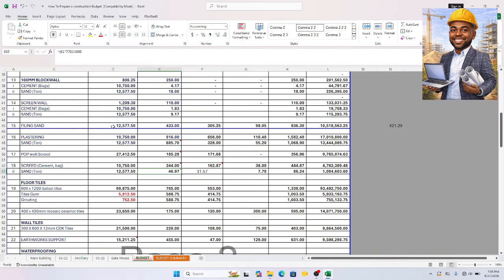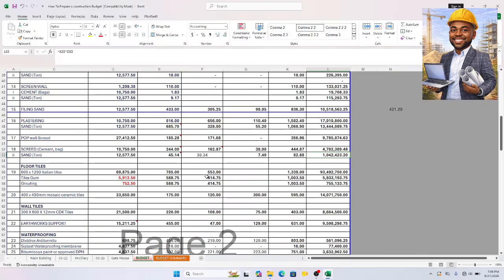So let's call it 740. That's what we used that time, the volume of sand where we mixed our concrete. All right, so that is what we are going to have.